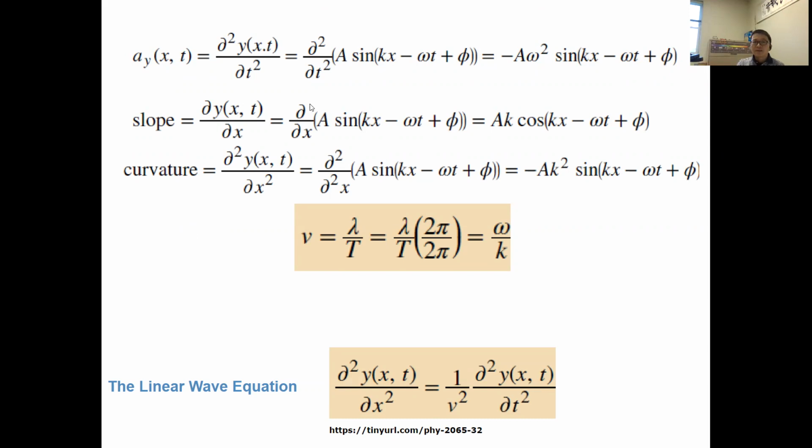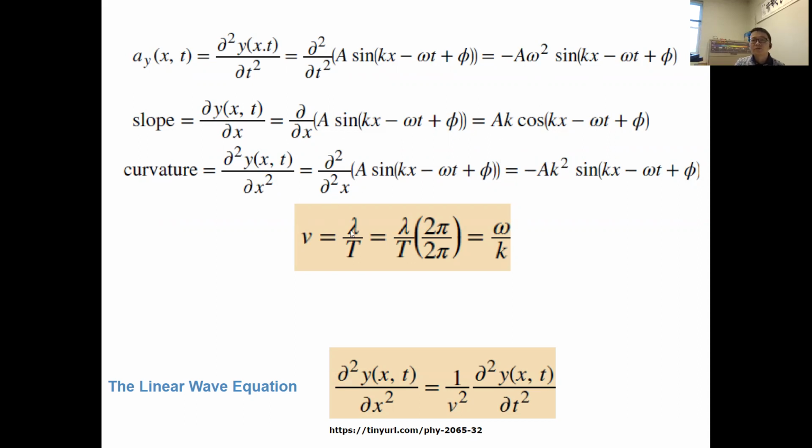Now, if we look at the slope of the wave function, we do partial y over partial x. For the curvature of the slope, you do the double derivative of y with respect to x. In that sense, you get minus A k squared sine. It's the same sine if you compare the two, but with different amplitudes in front.